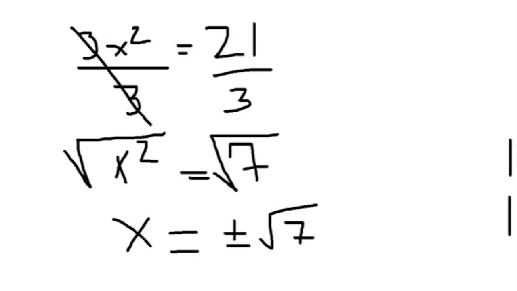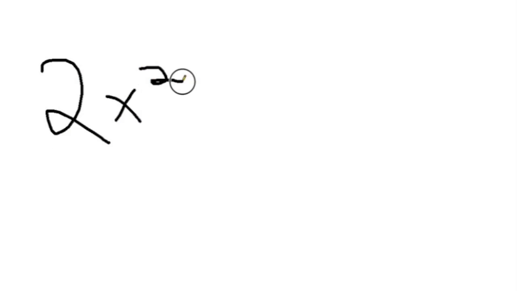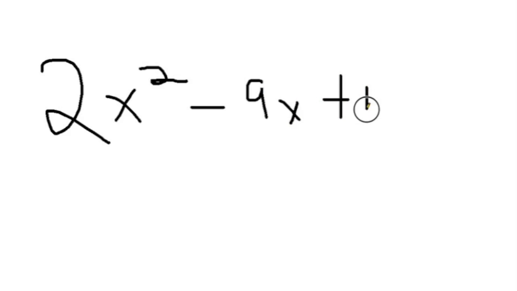All right, so the next one is solving by graphing. Now, our equation here is 2x squared minus 9x plus 11 equals 0. So they want us to do it by graphing.